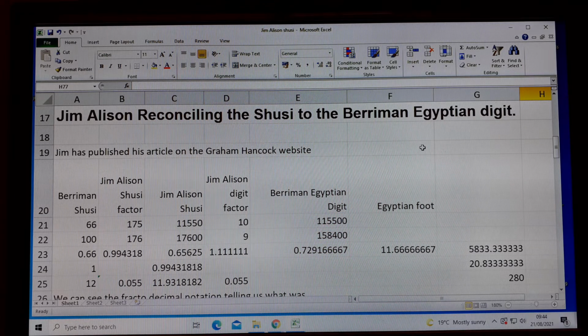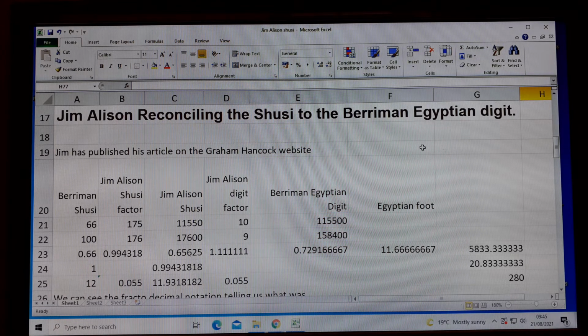Then Jim's applied another factor. This is the factor that I've talked about, this 10/9 factor, to the Shusi that is produced. And it gives a digit of 115500/1584. And 1584 multiplied by a lot of zeros is the number of inches in the Great Circle.